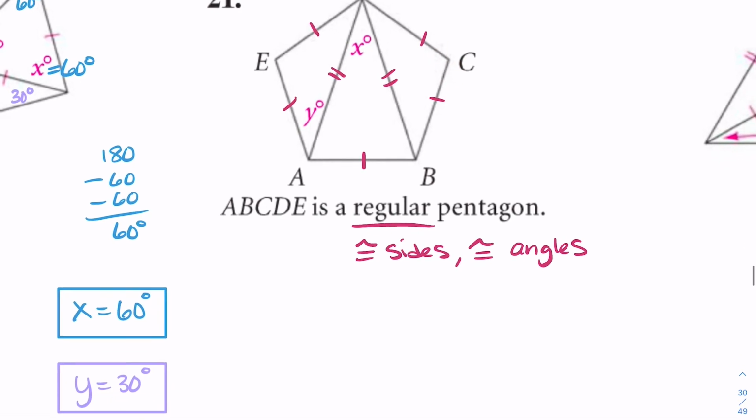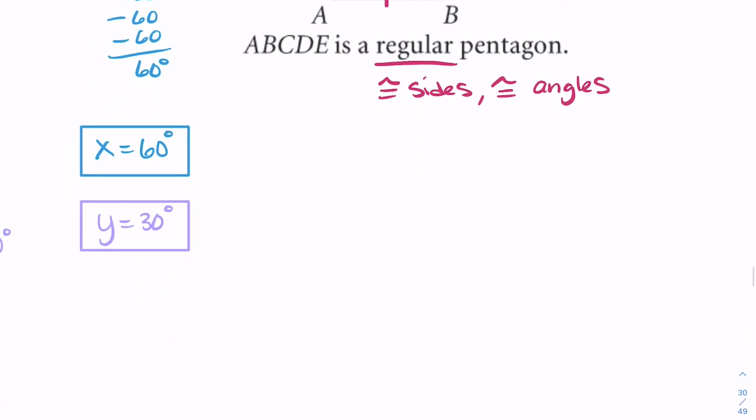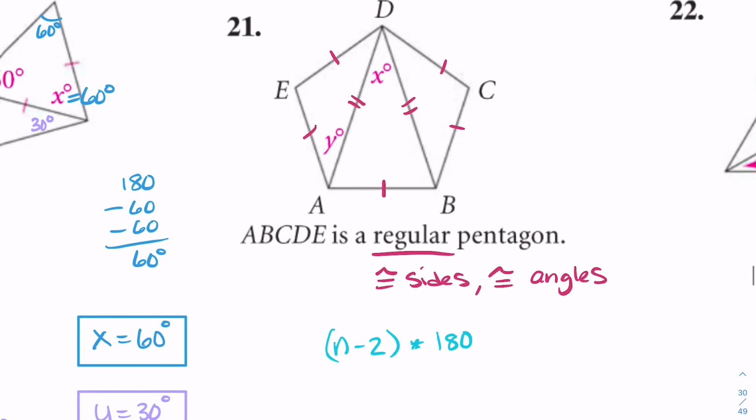And here's how we're going to find that vertex angle. I'm going to say n minus 2 times 180. That's going to give me the total degrees. The number of sides of my polygon is 5, which means there are technically 3 triangles inside. So 5 minus 2 is 3.